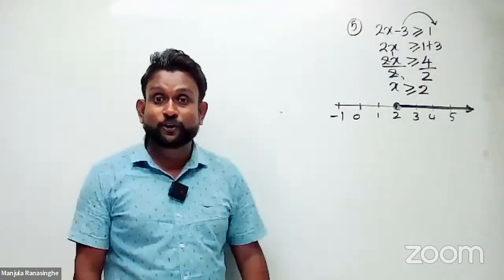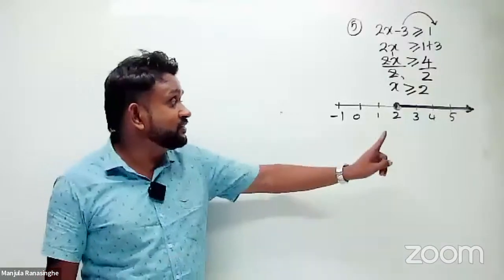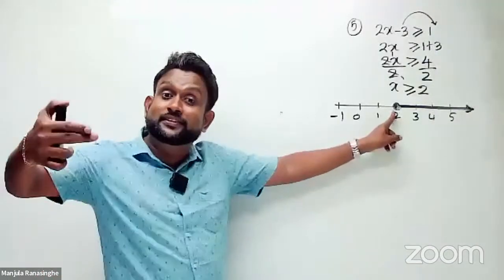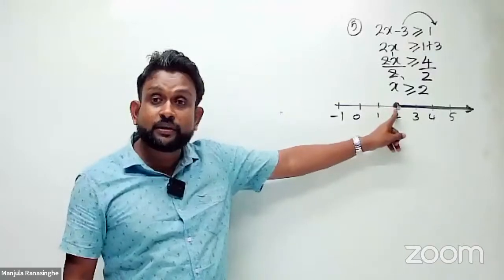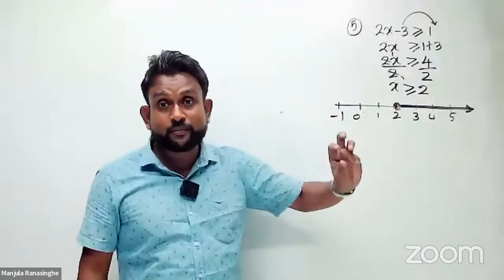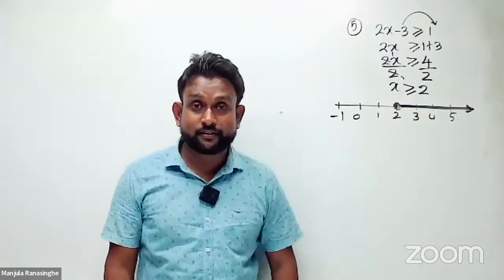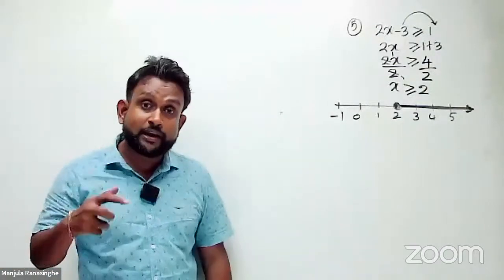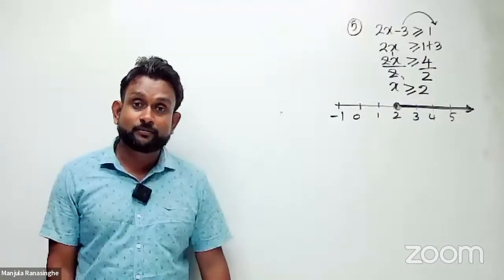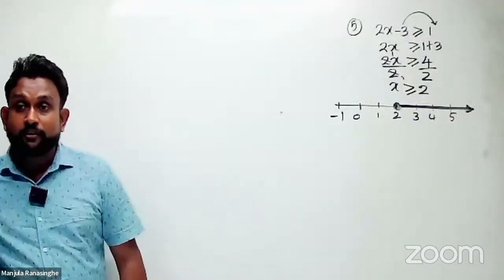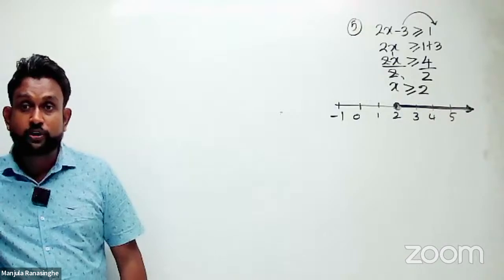Yes, very good. That means x is always 2 or greater than that. So the minimum value x can take is 2. Likewise, minimum value, maximum value, integer solutions, they ask in the questions. Now we are moving to the next question.